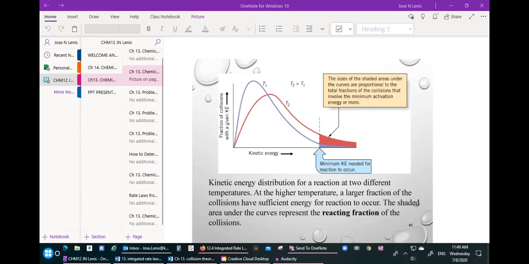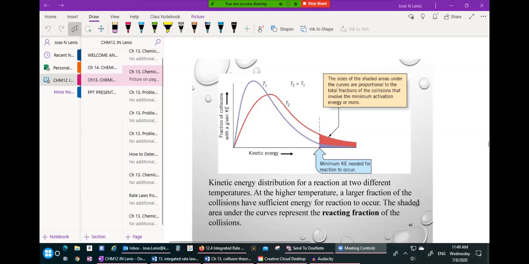And this is a graph of the fraction of collisions with a given kinetic energy. That's the y-axis here: the fraction of collisions, the number of collisions with a given kinetic energy. And the kinetic energy depends on the temperature. What is temperature? Temperature is the average kinetic energy of molecules.